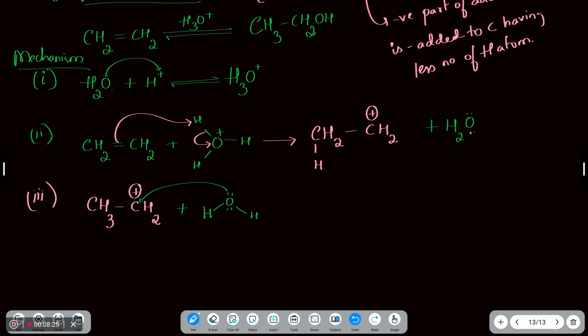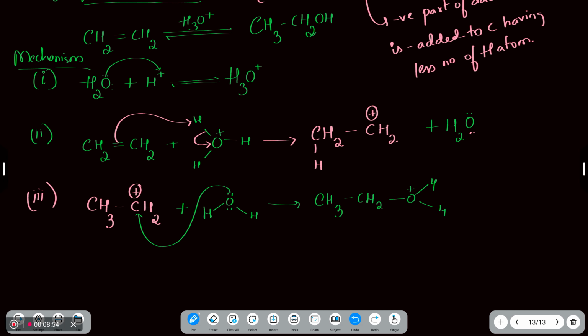You can make the attack like this, but we'll make a bit more presentable attack like this one, just to make it look presentable. Then you have CH3, CH2, plus.